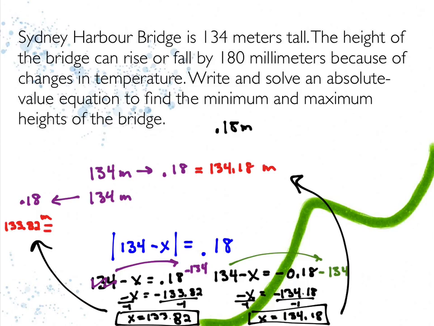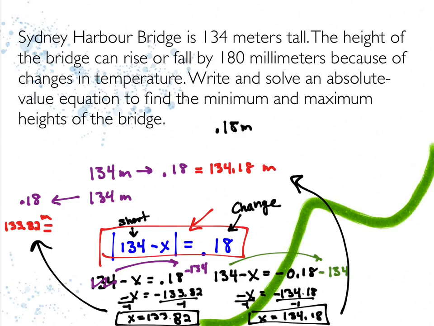But in some cases, I hope you probably will see one of these on the Keystone exam to write an equation that looks like this. And really, this is the change. This is like the allowed change we're given. This is the start. And this is going to end up being the final height.